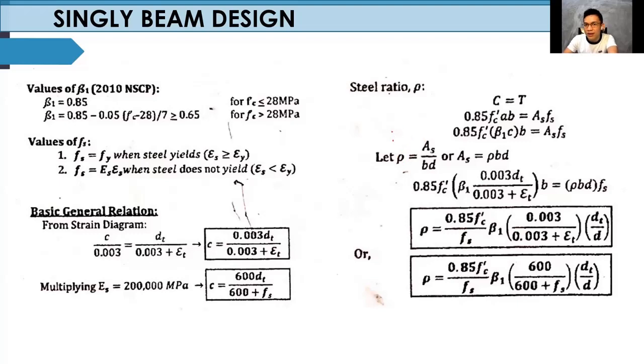I think that's rho. Yes, that's rho. Kagaya lang last time sa ating slabs, rho natin is area of steel divided by BD, no? Or area sa steel natin divided by our base times our depth. So therefore, pag ilipat natin to the other side, ang area of steel natin is equivalent to rho BD.